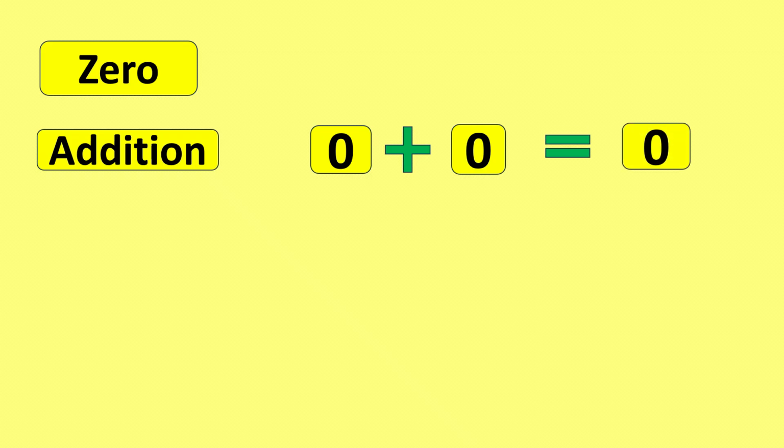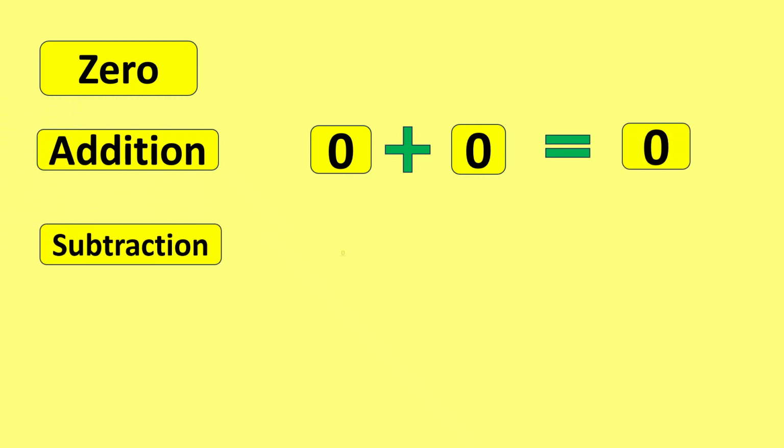We take a 0 and then add a 0. The outcome is no digit, because we add no digit to no digit. So we get the same, the outcome is 0.